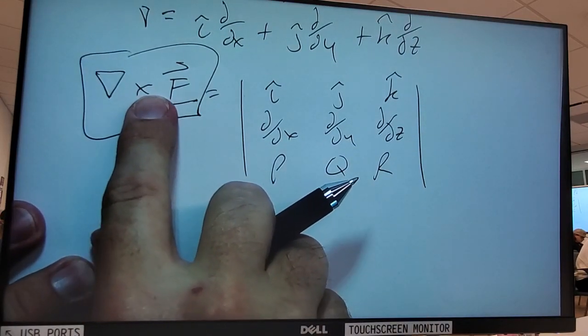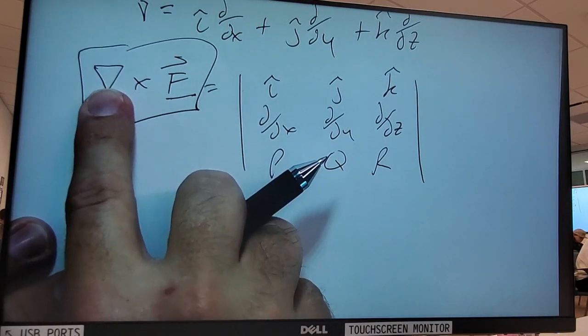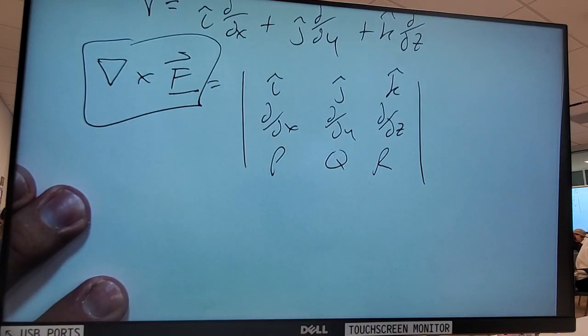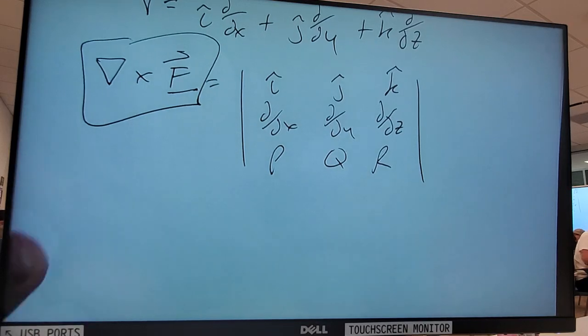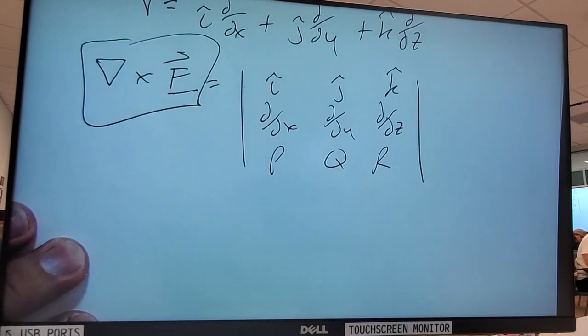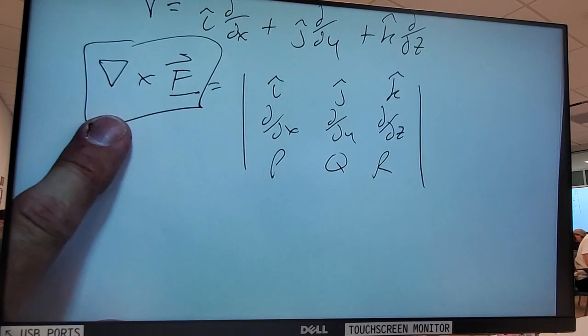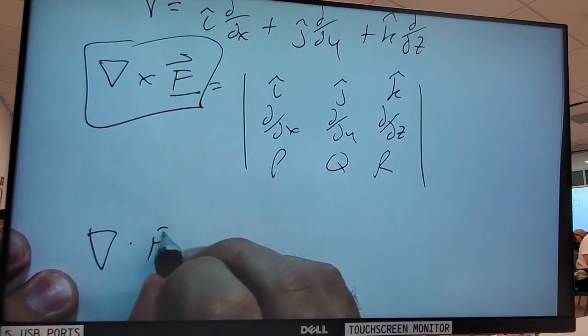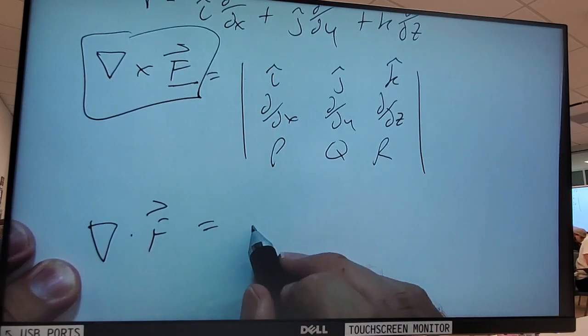If I use the curl to define one of these, what do you think I'm going to use to define the other? If I use the cross product to define one of these new things, I'm going to use the dot product to define the other thing, and this is going to be called the divergence.